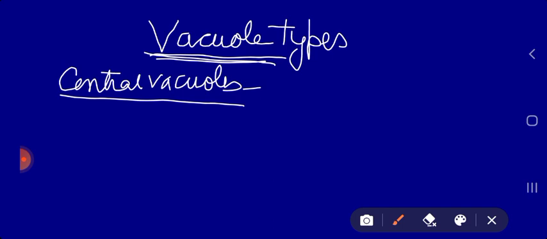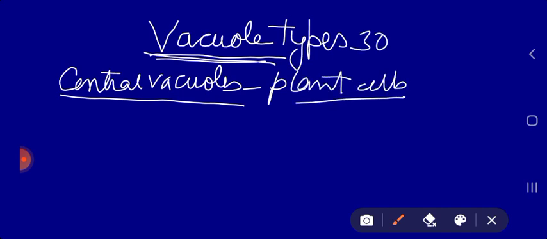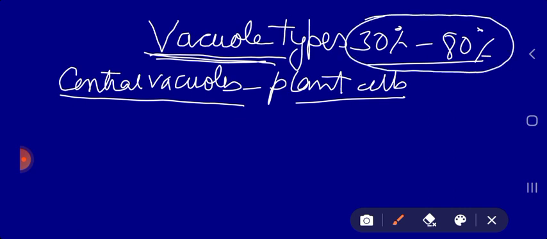Most mature plant cells have one large vacuole which typically occupies more than 30% of the cell volume and can occupy as much as 80% of the volume for certain cell types and conditions.